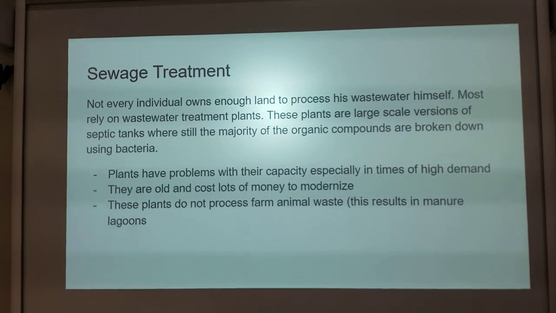So there are some problems with them. The main thing is that plants have a limited capacity. If they are an older plant that hasn't been updated, normally they'll put a plant in when a city or town is so big, right?